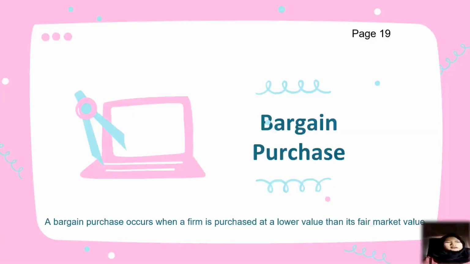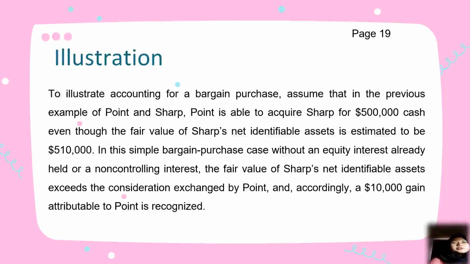And next, we will continue with the bargain purchase. In illustration 2, to illustrate accounting for the bargain purchase, assume that in the previous example of Point and Sharp, Point is able to acquire Sharp for $500,000 cash, even though the fair value of Sharp's net identifiable assets is estimated to be $510,000.